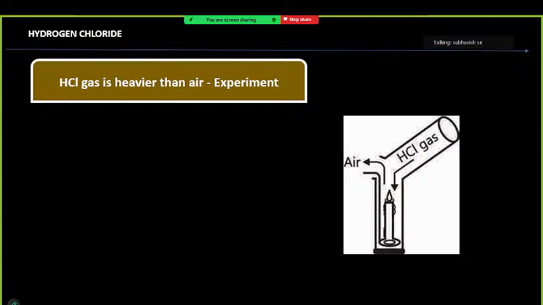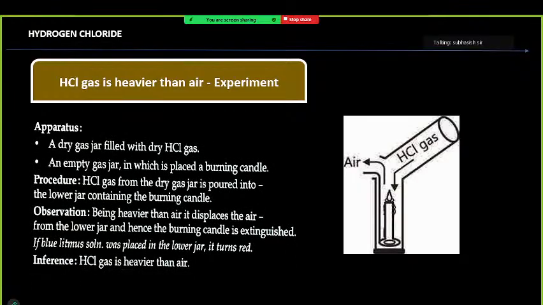But once the other cylinder is placed inverted like this, because HCl gas is heavier, it takes the space in the lower cylinder, and the air is removed. When this is totally completed, the candle is put off only because HCl is a heavier gas than air.